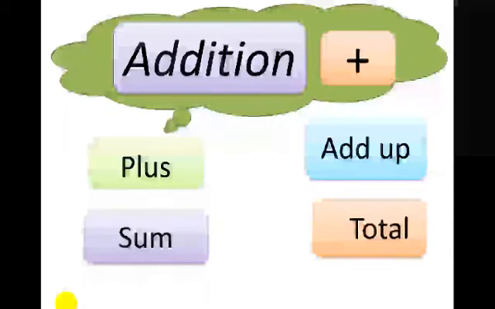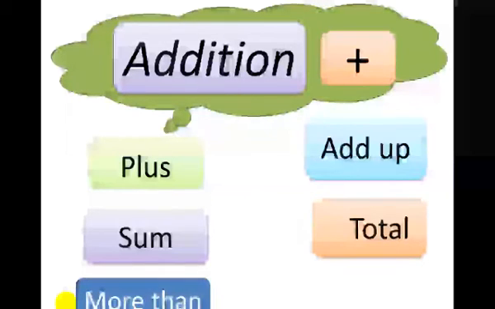Total. Whenever you are given some set of numbers and you are asked to find their total, what you are meant to do is count the numbers together.